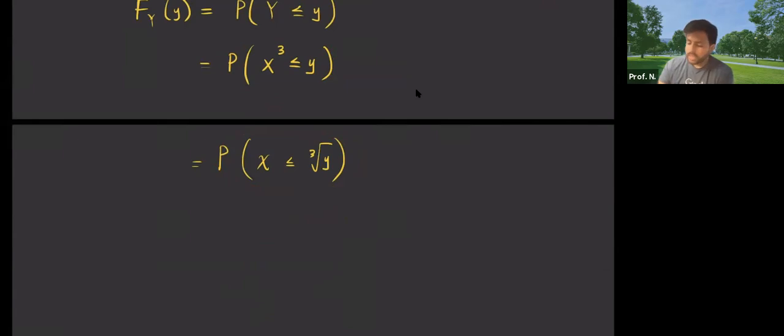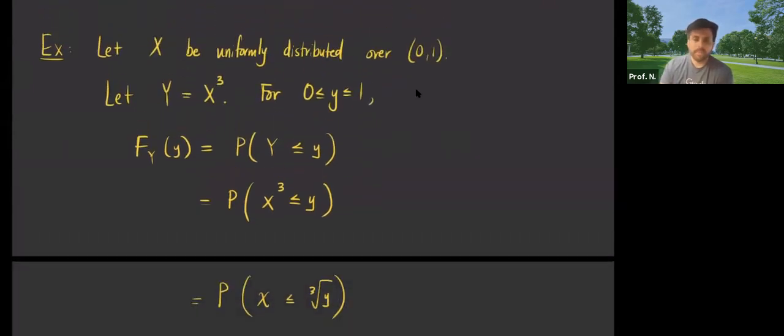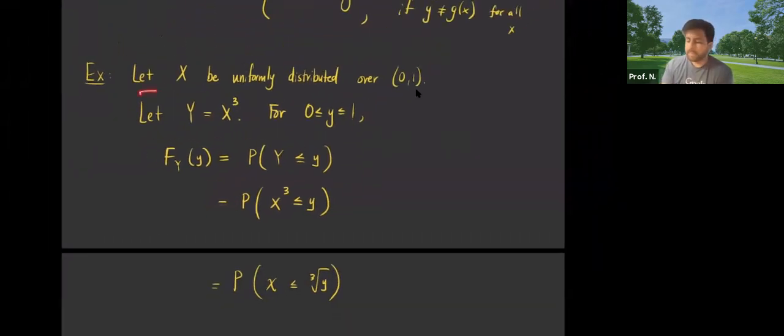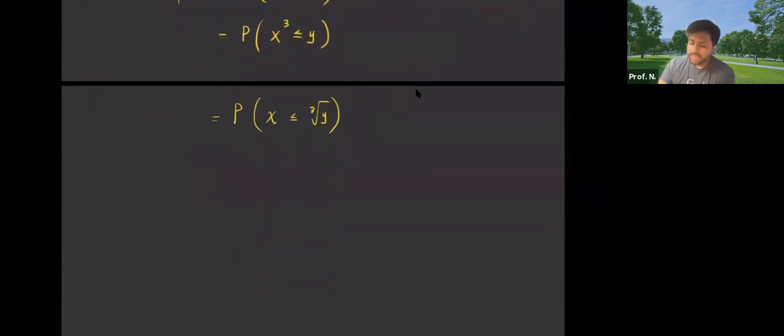But what was x again? X was uniformly distributed over 0, 1. So this becomes the CDF. What does this become? The CDF of x. And x is uniformly distributed from 0 to 1.